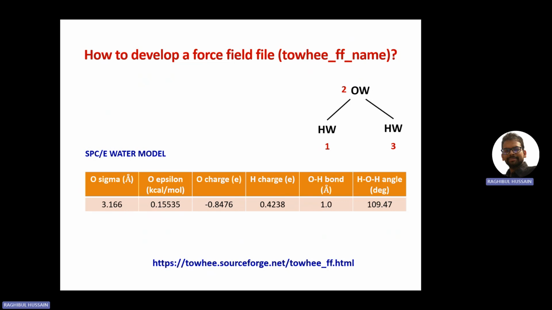This is the equilibrium angle, not R. It is theta minus theta naught, the equilibrium angle, and K theta is the constant. So we need information about K theta and theta naught. But in the SPCE model, this angle is also constant.